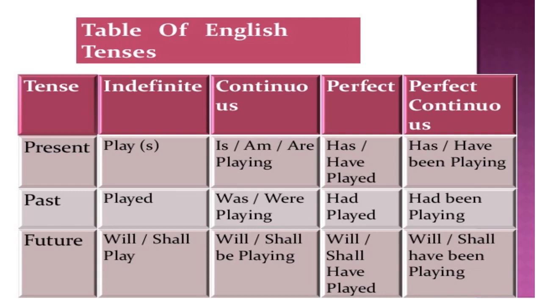In future perfect continuous tense, we use will or shall have been plus the ing form of the verb, as it is written here: will or shall plus have been plus playing. So these are the structures of all three tenses along with four heads.